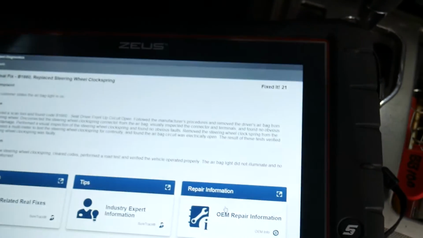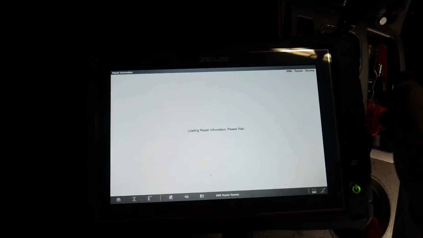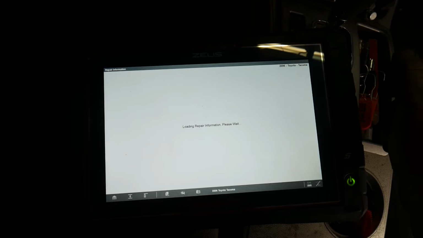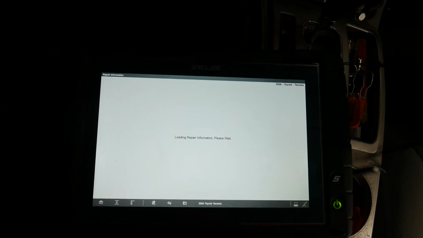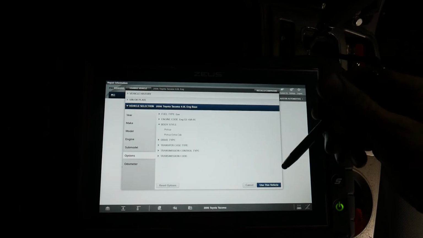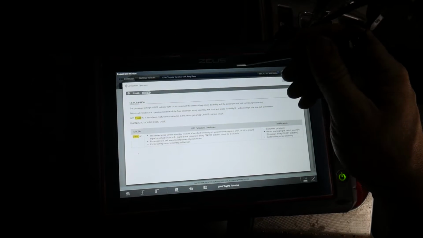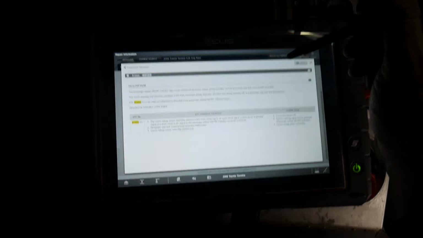So let me see if there is factory service information, and maybe that code definition is different in the factory service information instead of in the scanner information. Okay, here we go.